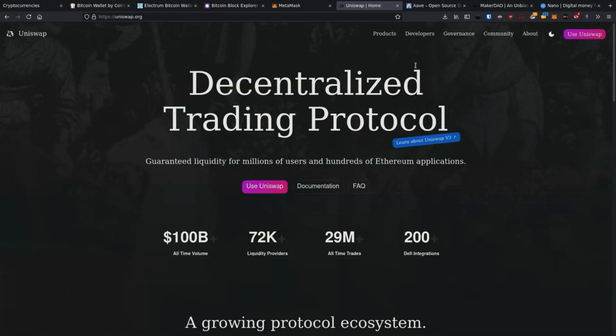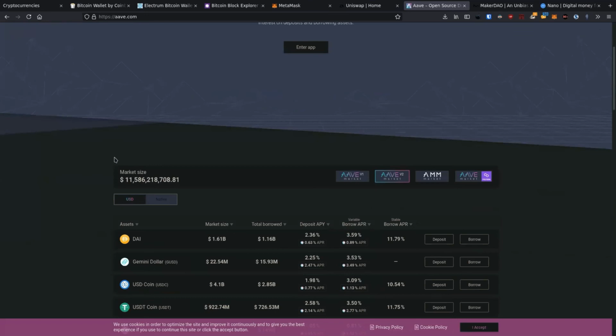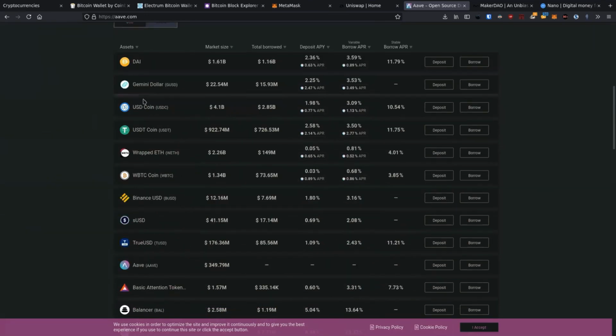So you can see here on Aave, there are lots of different assets which you can borrow or lend for different yields. So I could say, give my money into an Aave lending pool and receive 2% annual yield, which is quite good at the moment, to be honest.